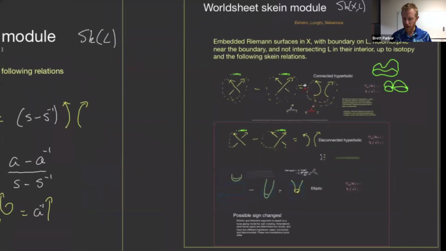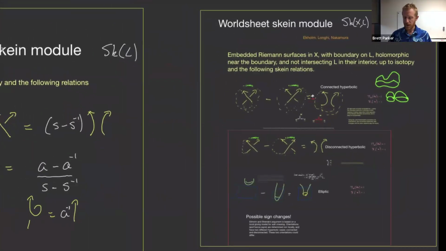All right. For the route I'm taking through this, I'm trying to understand signs. And with the worldsheet skein, I can calculate the orientations of moduli spaces. The worldsheet skein says what the relative orientations are, how those orientations are related.